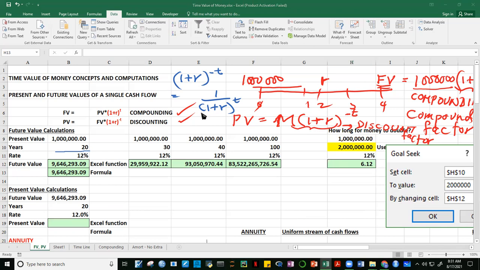Kindly chat, guys, if you got 6.12 also, if you're using the NPER function. Oh, Khalil, you got it. Theo, number error.